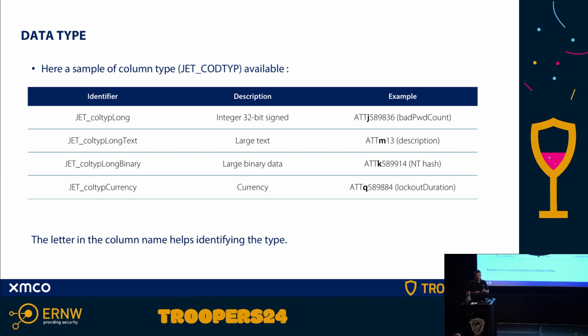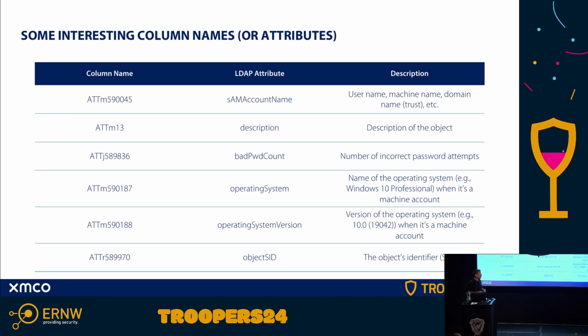So for instance, if you have a G, it should be an integer. Should be, because sometimes we have some surprises. M, large text, etc. So just a very short list of what kind of attributes and the LDAP translation.